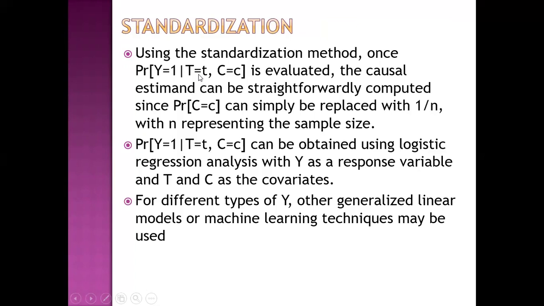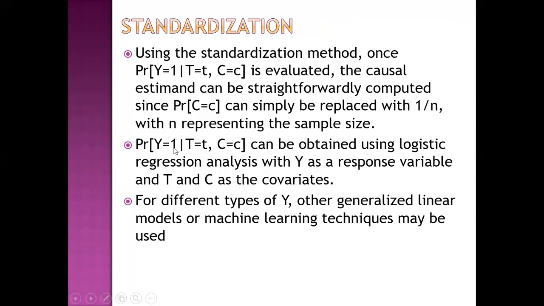Then another method is standardization. Using the standardization method, once this probability is calculated, the causal estimate can be straightforwardly computed since the probability of C, here C is the confounder variable which was X previously in our lecture, can simply be replaced with 1 by n, with n representing the sample size.